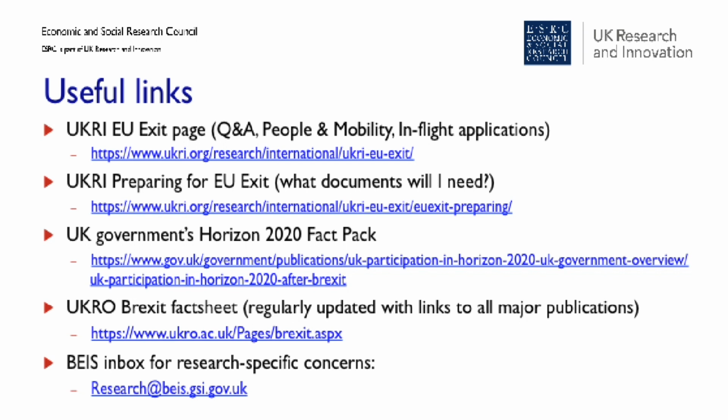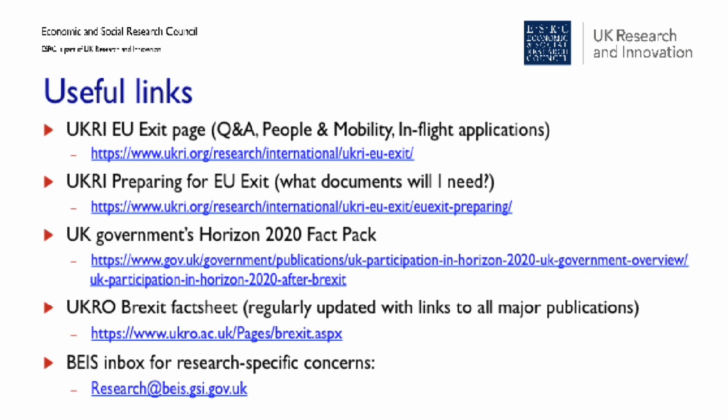So here are the useful links that I think are really important to look at, especially if you haven't looked at them in the last couple of weeks. They have been updated, really comprehensive, and especially the UK government's fact pack contains information on each of the different scenarios that you might be involved in, and the UKRI preparing for EU exit as well. The last two I think I probably shared before.